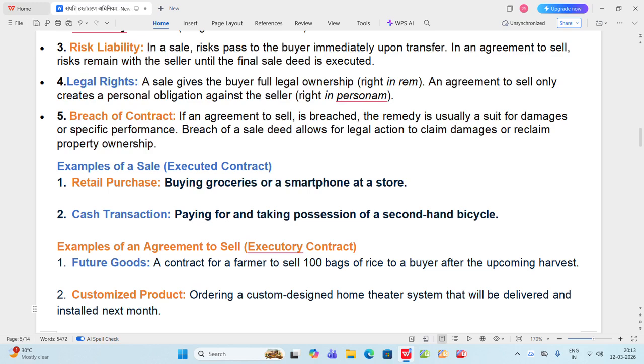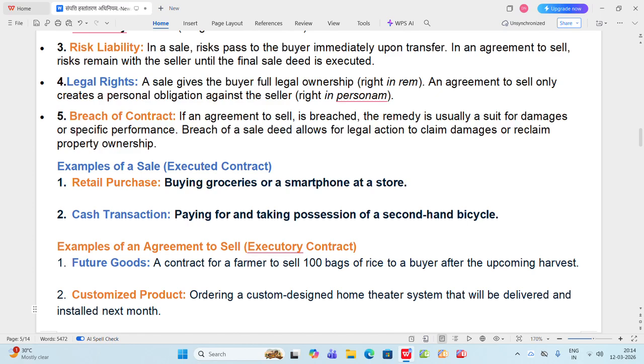He will sell to the buyer after the upcoming harvest. So this is an executory contract example. Customized product, ordering a custom designed home theater system that will be delivered and installed next month. So this is also an example of agreement to sell. Means this is also an example of executory contract.